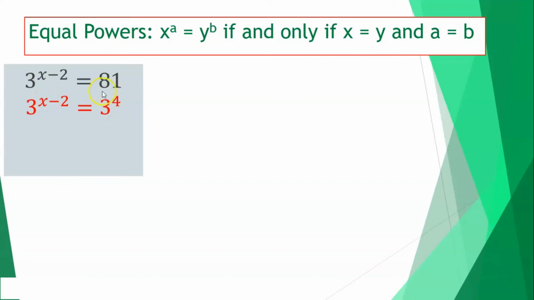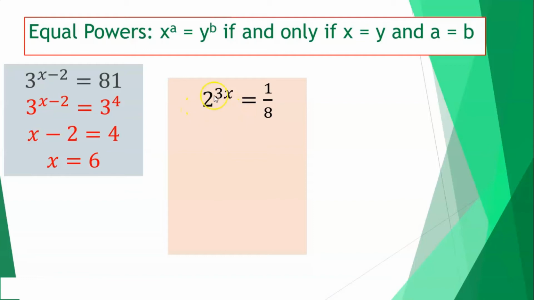So with this, we can equate the powers. So x minus 2 is equal to 4. Transfer 2 to the other side, so x is equal to 6. And we can always counter check this one. So if x is 6, so 6 minus 2, that would become 4, in which 3 to the power of 4 is 81.